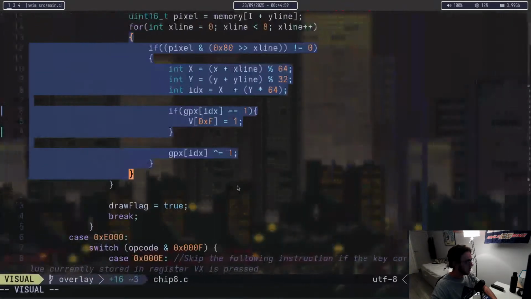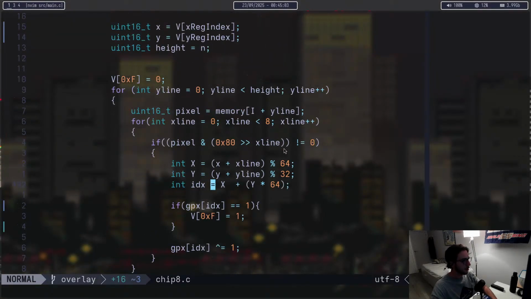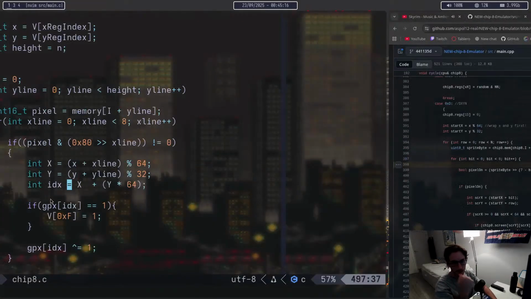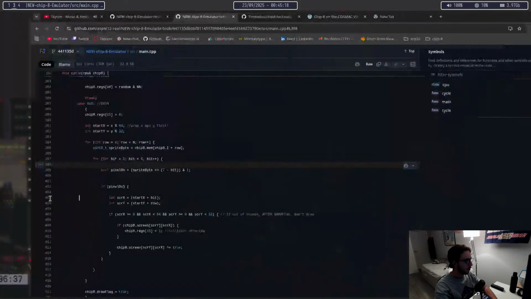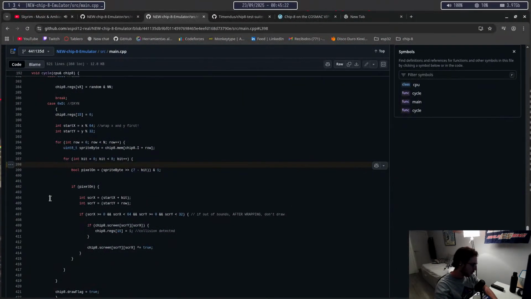So then you have a check to see if the pixel is different than 0, which means this exact same thing, I'm guessing. So then do a start X plus bit, which is the second for loop, and then start Y. Okay. Okay, start X, yeah, plus this one, but you don't wrap it around that.